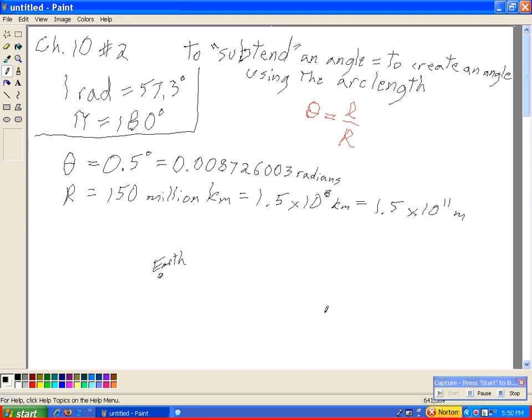And when looking at the Sun, that creates an angle of 0.5 degrees.